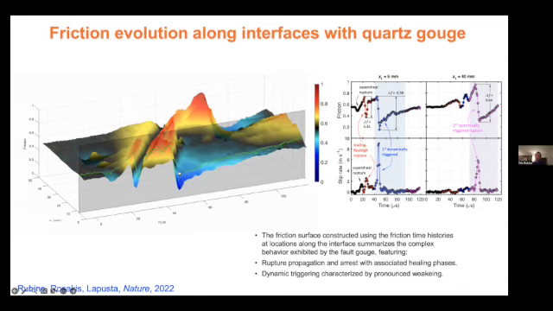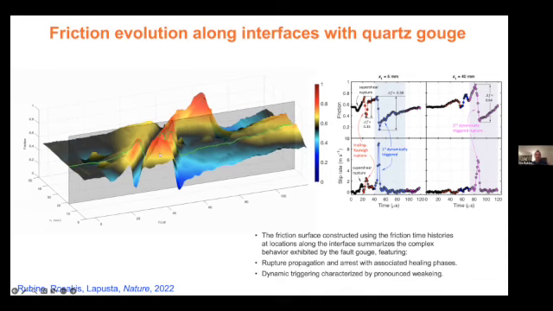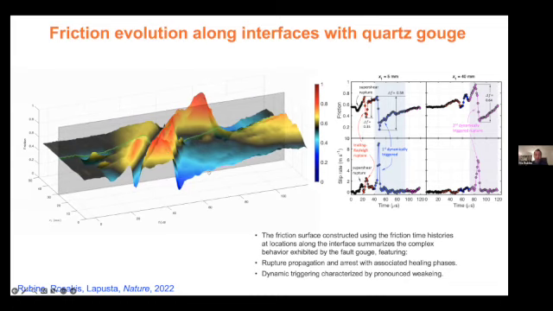So what this complex topography indicates is a complex friction evolution. You can see that these peaks here in red indicate strengthening, indicate barriers to rupture propagation. But these barriers can be overcome, and they can give way to dynamic rupture propagation, which has these valleys here indicated in blue.